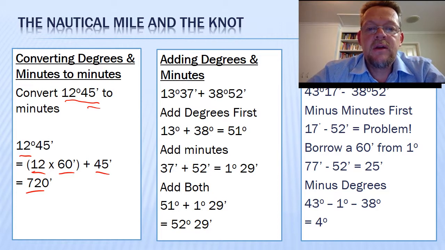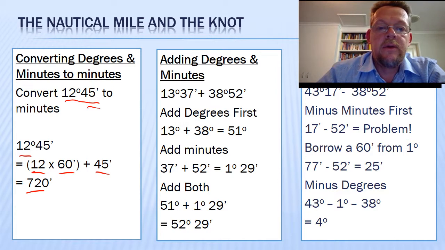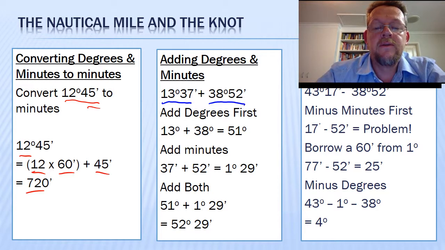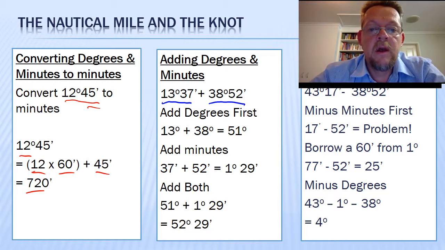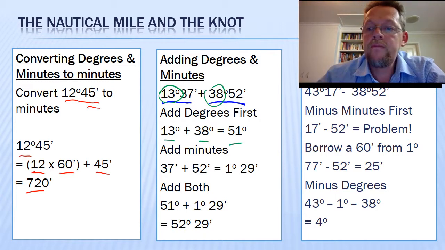If we want to add degrees and minutes, for example, I want to add 13 degrees and 37 minutes to 38 degrees and 52 minutes. Let's first of all add those degrees first. So we're going to add the 13 and the 38 together to get 51 degrees.